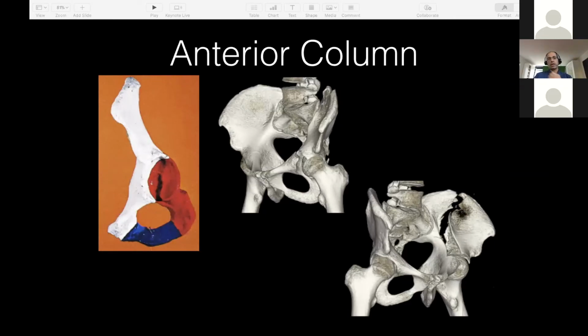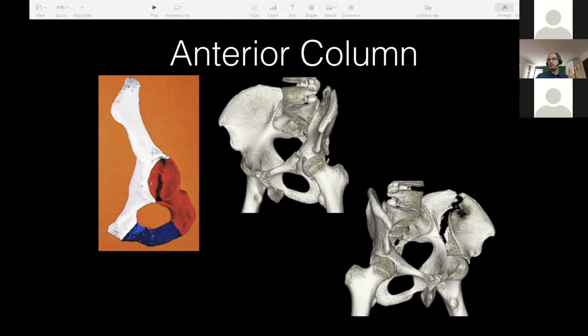An anterior column, on this pelvic model here, is what you see in white, and we're looking at it both on an obturator oblique and an iliac oblique here, and you can see what an anterior column fracture looks like. It's comprised of the proximal aspect of the pubic ramus.